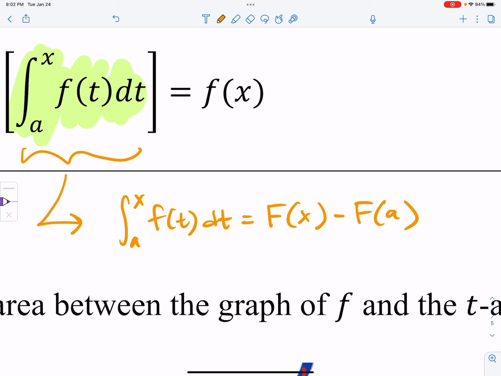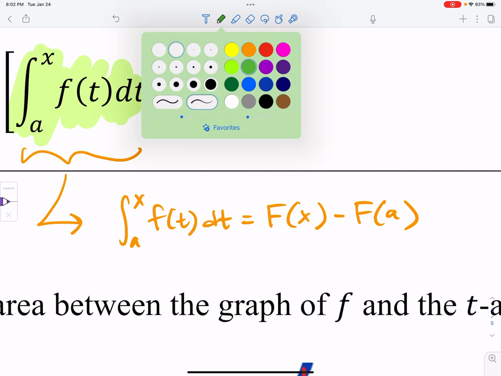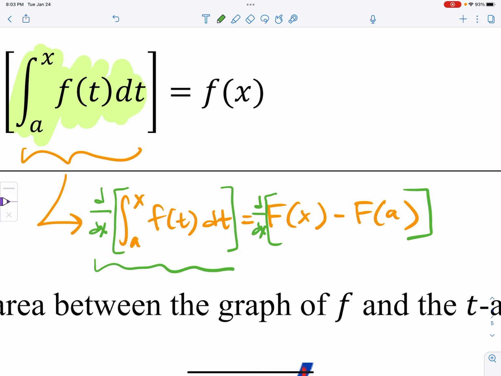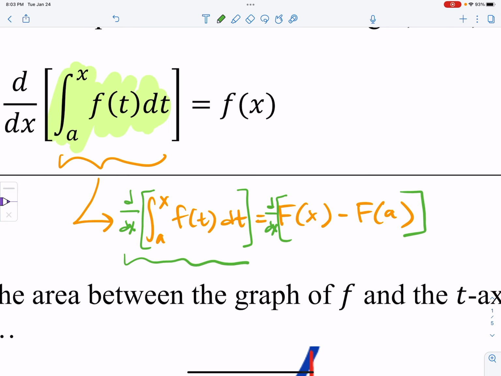Okay, well, if we thought about taking the derivative of each side of this equation with respect to x, then this left-hand side matches up with that statement in the second fundamental theorem of calculus.